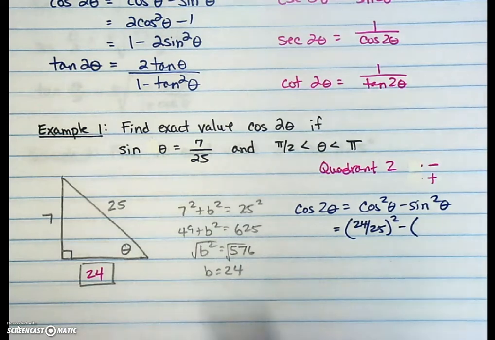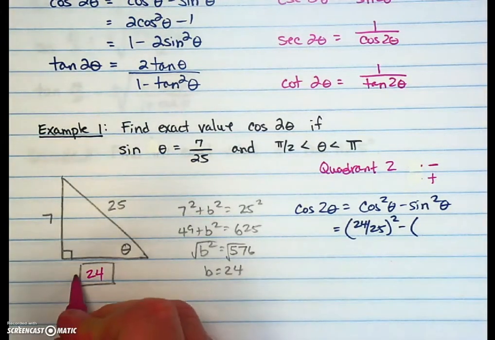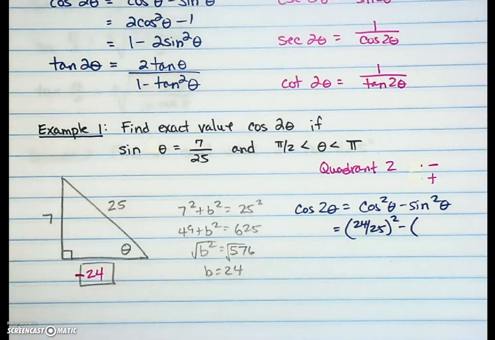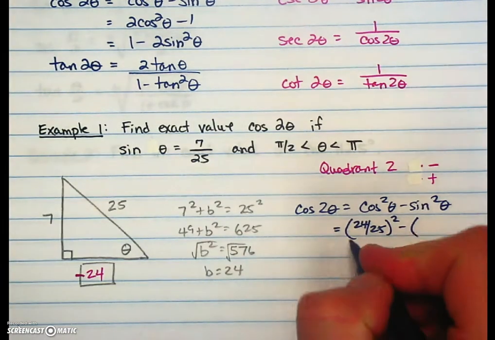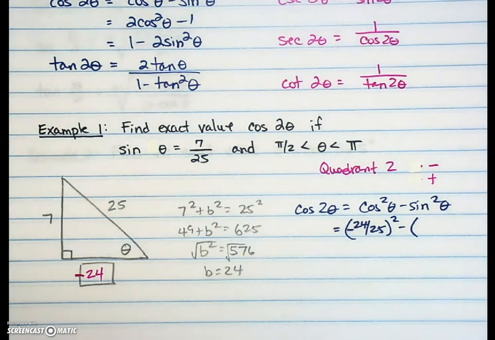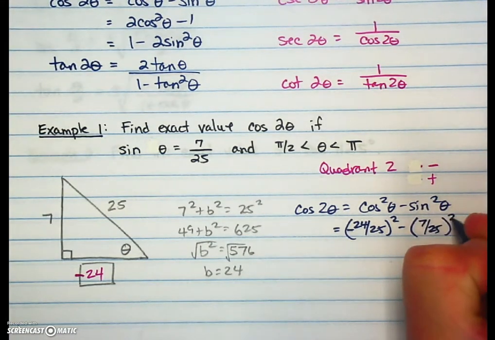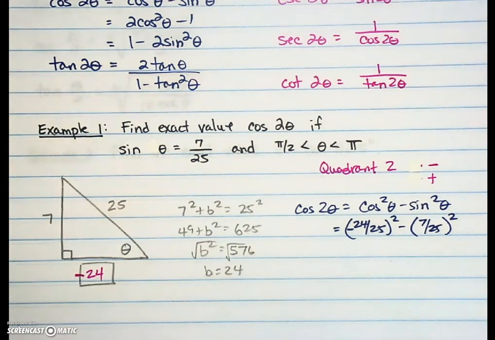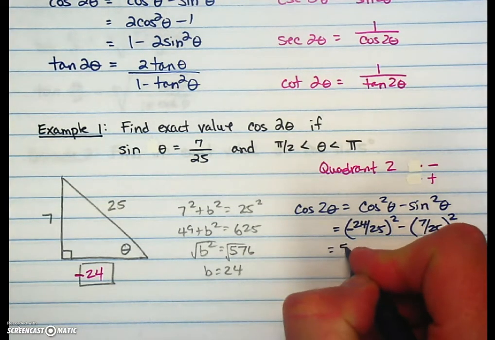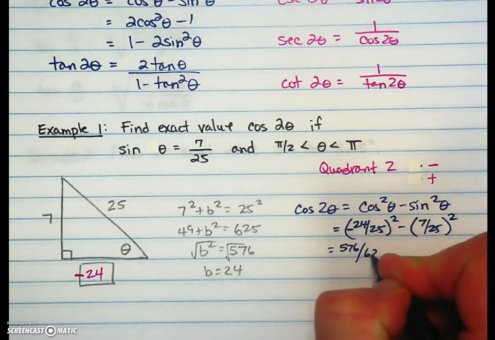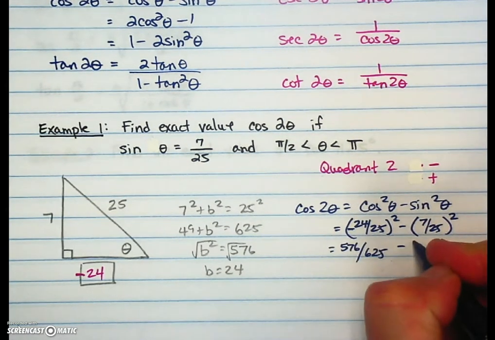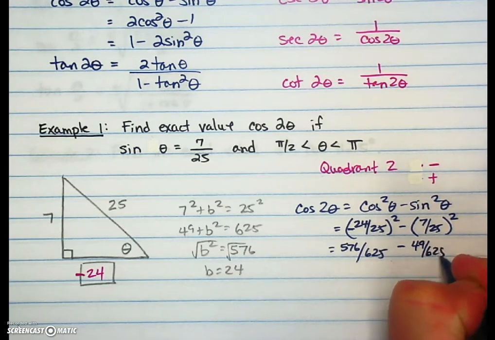And by the way, we are in quadrant 2, so that should be a negative 24 there. Don't want to forget that, because my x value should be negative. So negative 24 over 25 squared. And then my sine is 7 over 25 squared. So when we do 24 over 25 squared, we end up with 576 over 625 minus 49 over 625.